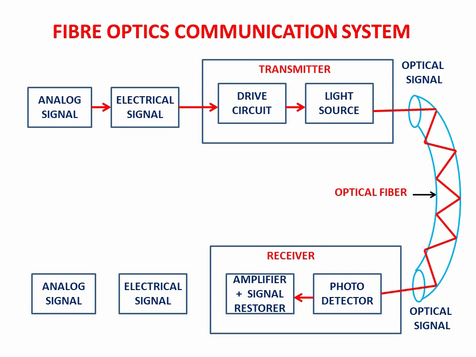And further, the amplified signal is given to the signal restorer for decoding purpose. So the digital signal is converted into electrical signal, then electrical signal is converted into analog signal. So in this way, the analog signal information is transmitted from one end to another end.